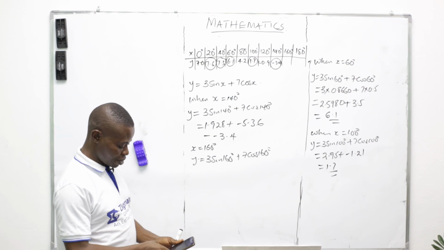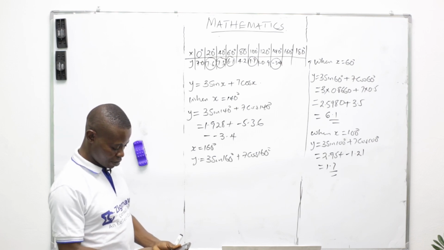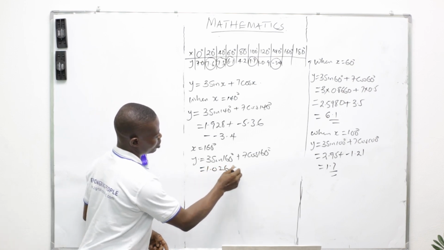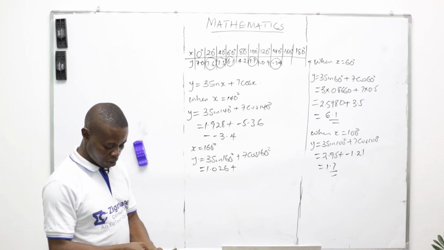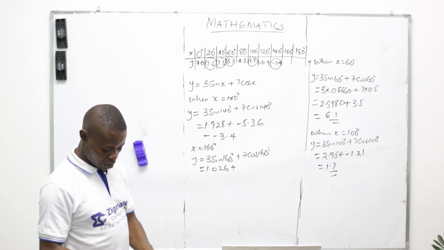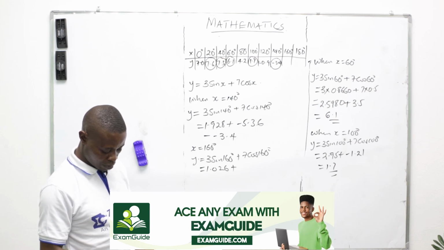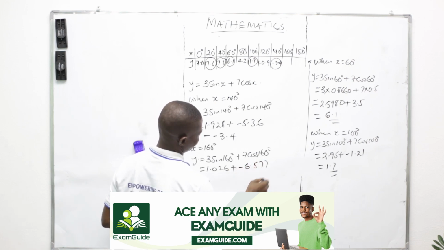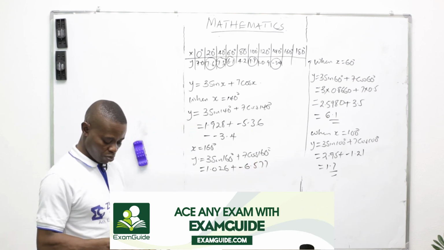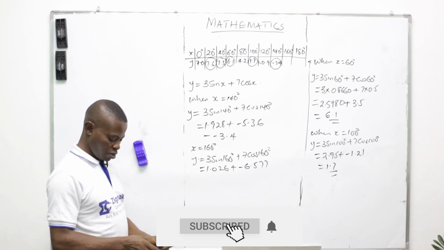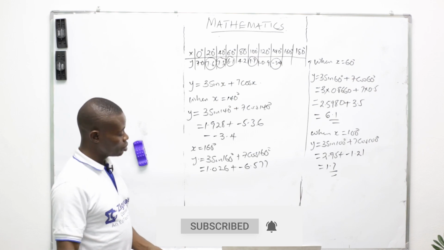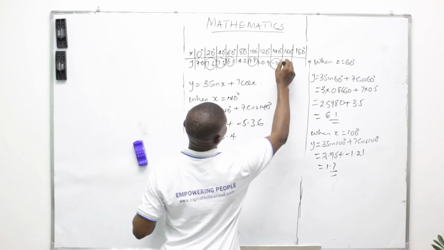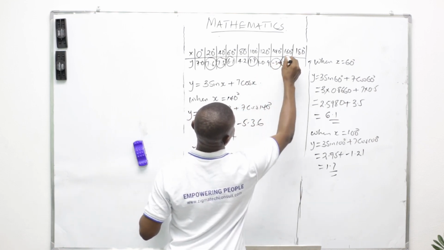Sine 160 degree times 3 is 1.026, plus 7 cos 160, which is minus 6.5778. Plus 1.026 gives minus 5.6. You circle it.